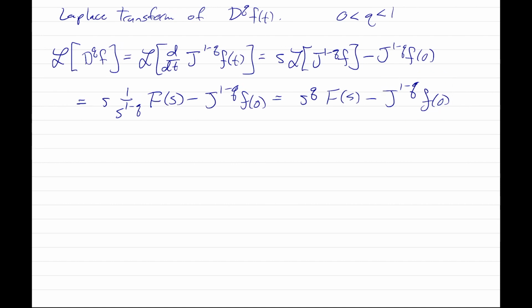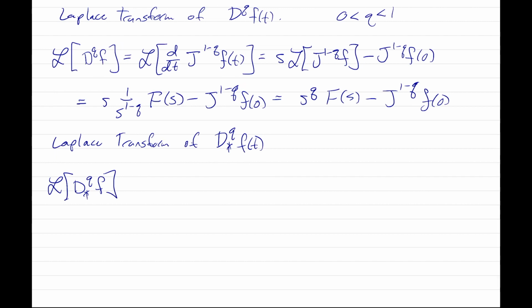And now let me show you why people like the Caputo fractional derivative better for physical applications. So let's take a look at the Laplace transform of, say, D star q of f(t). It's going to be mostly the same game, except the order is different.